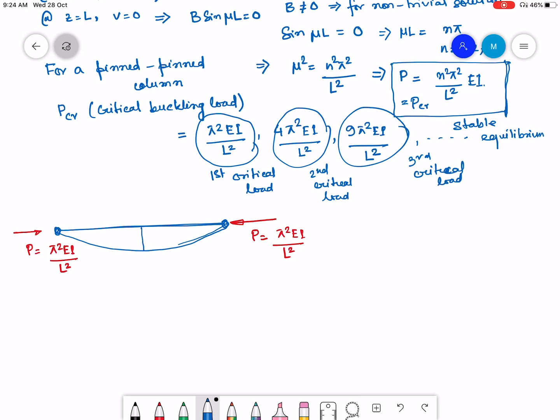This is undetermined, I mean, it could be any value but stable. It could be any value in this direction or this direction. So this is called the first buckling mode.